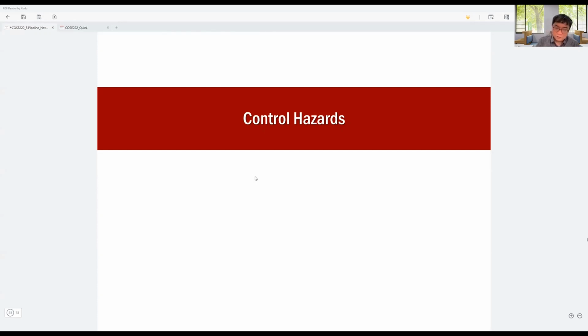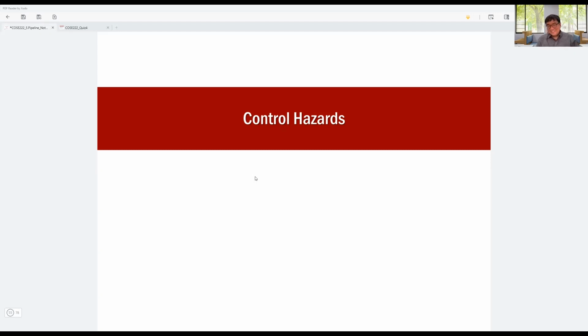Control hazard means that clock cycles are wasted due to what? Due to control instructions. What are control instructions? Branches or jump instructions. Right, thank you.